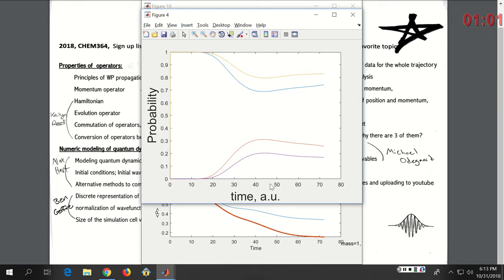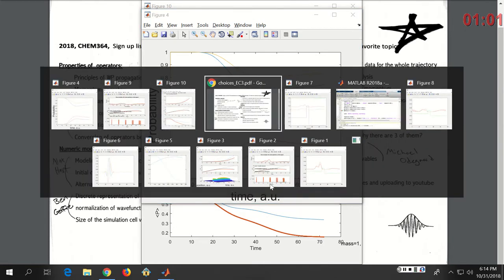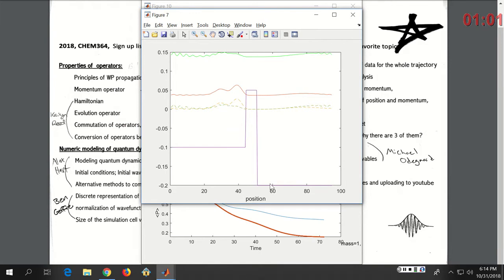It's not a true variable, but it is an important characteristic that every chemist would like. So basically, we are splitting the simulation cell in two halves, and looking at the integration of probability in the left part and the right part.